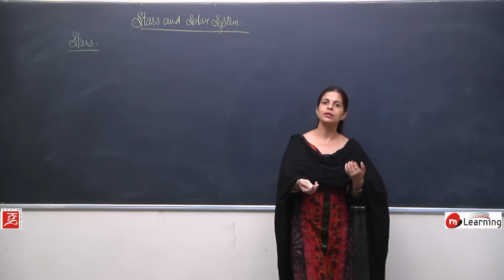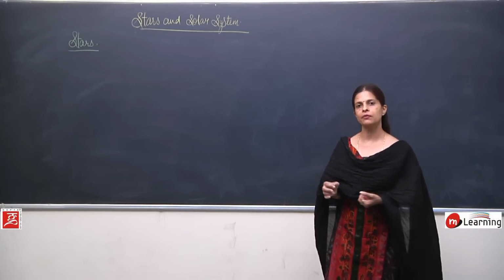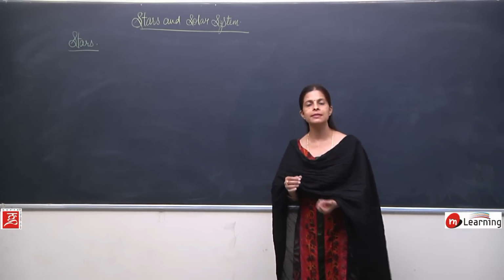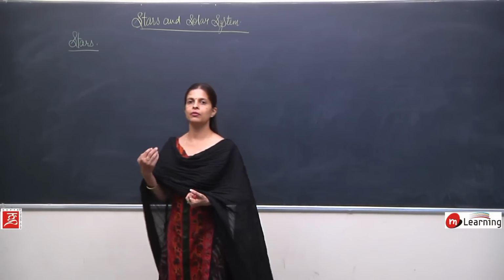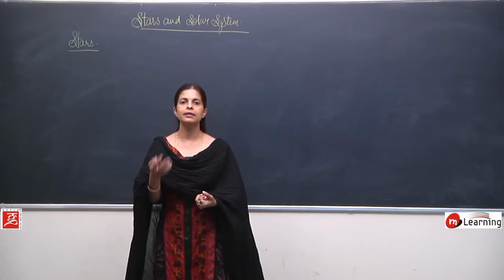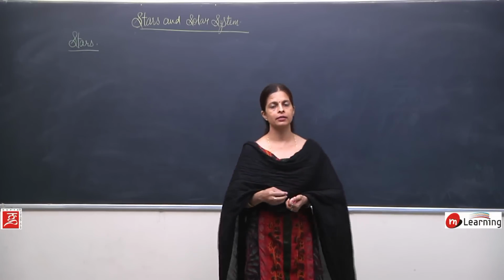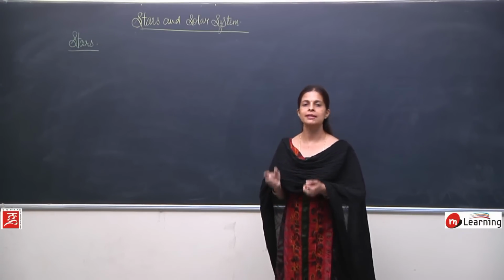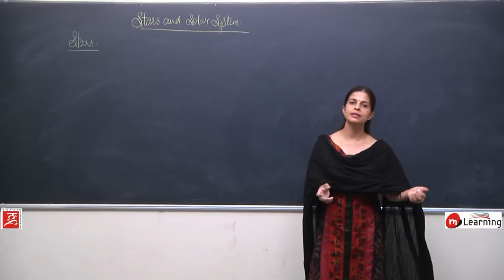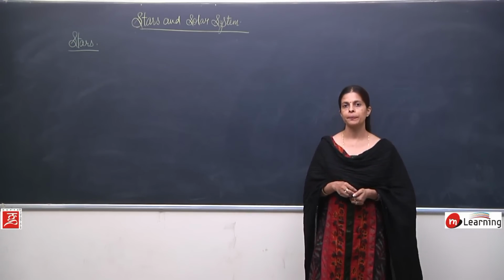We cannot judge the size of a star from the surface of the earth, because the distance between the earth and the stars is very high, and that is the reason we cannot make out exactly what is the size of these stars which are twinkling in the sky.